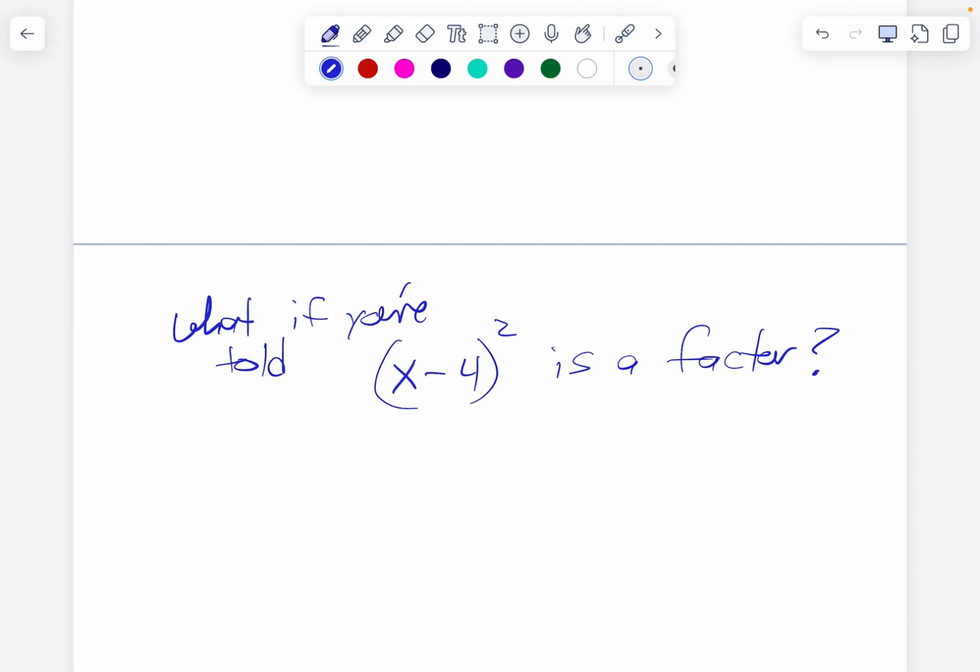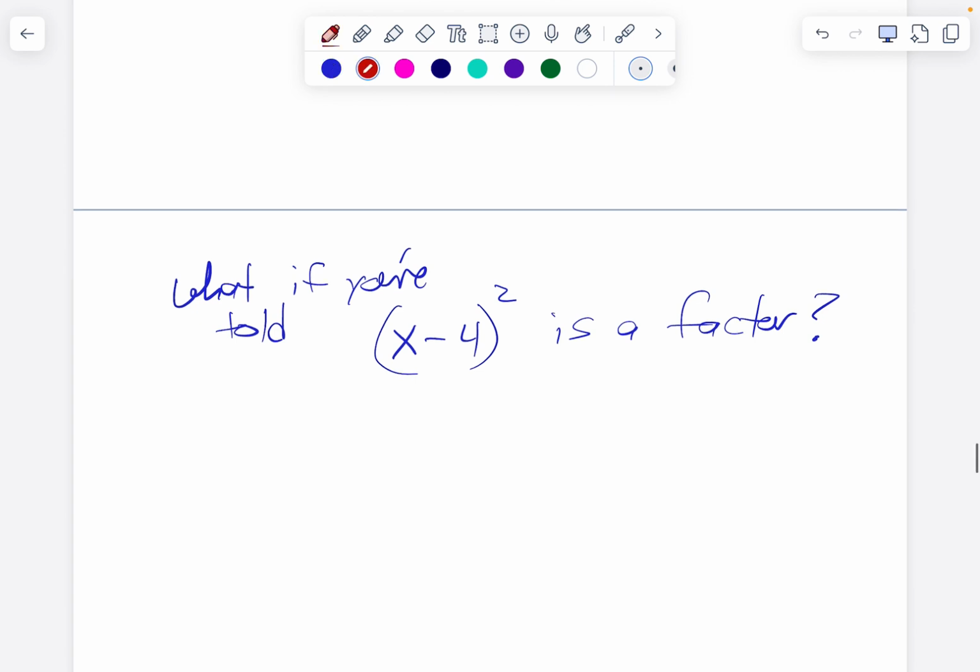I don't want to try to make up the polynomial because I'll just mess it up and it won't divide properly. But what if you're told instead that x minus 4 squared is a factor? What does that mean? Yeah, that means that the 0, 4, is there twice, right? Which means you synthetic divide by it 2 times.